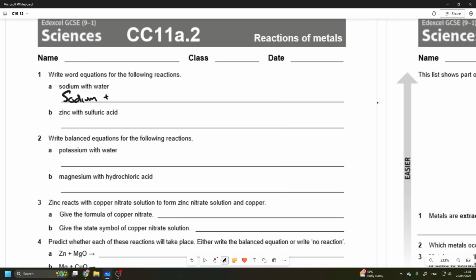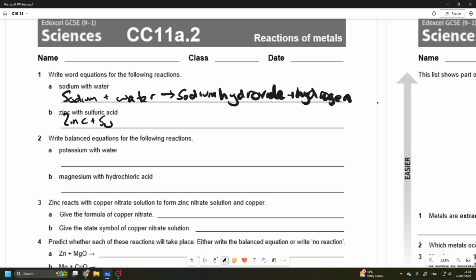Sodium plus water gives you sodium hydroxide plus hydrogen. Zinc plus sulfuric acid gives you zinc sulfate plus hydrogen.